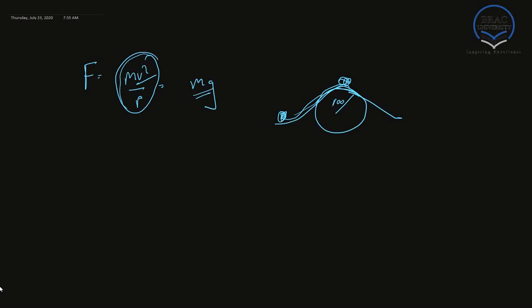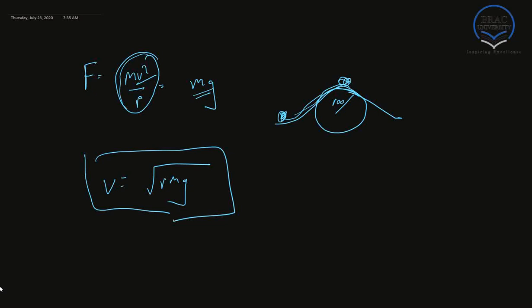If you now rearrange this, you get v equal to the square root of r g, and that is the solution of this problem. This is the maximum speed at which the stuntman can drive this car, and the only force acting radially inwards, which is mg, will be able to provide the centripetal force needed to carry out this arc of a circle motion.